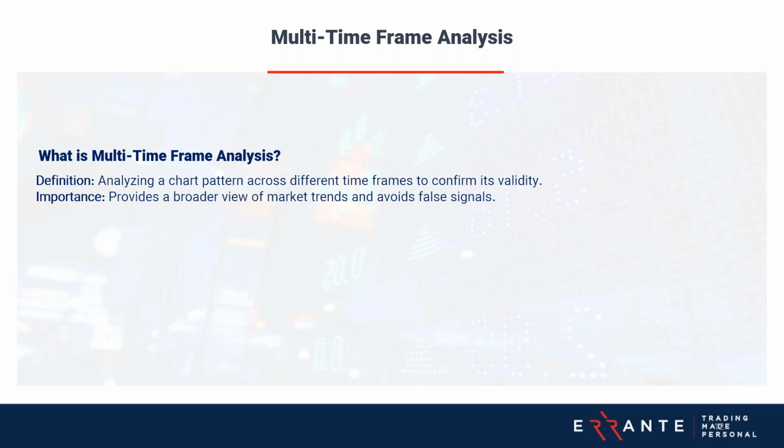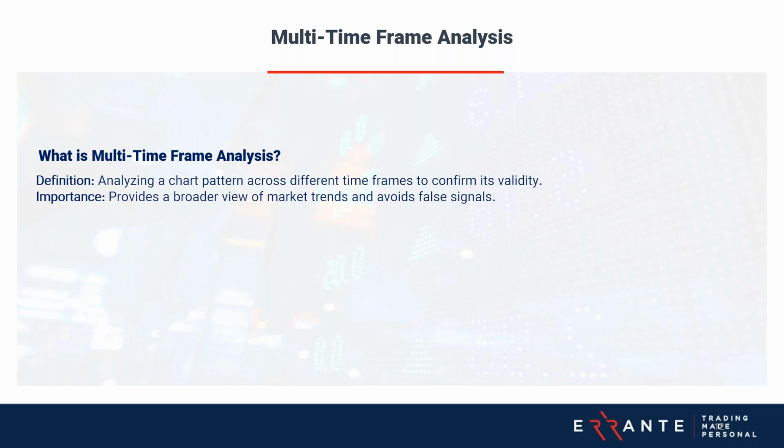So this method helps to filter out noise and ensures that we are making decisions based on a more complete picture of market sentiment. For example, a double top on a daily chart might look like a strong bearish signal.